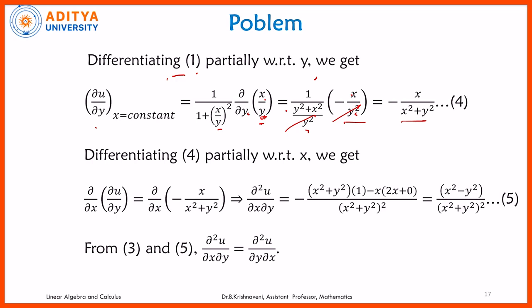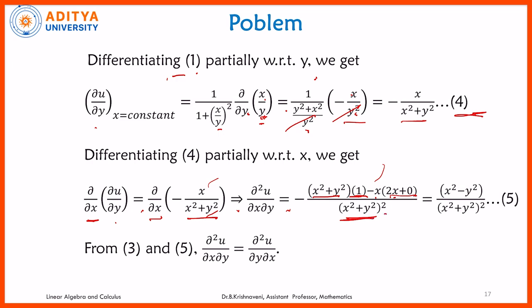Now, again differentiating this fourth equation with respect to x, we get dou by dou x of dou u by dou y, which is dou by dou x of minus x by x square plus y square. That implies dou square u by dou x dou y is equal to, again the numerator and denominator contain x, so apply the u by v rule for derivatives: u dash, 1, into v, x square plus y square, minus u, which is x, into v dash, the derivative of x square plus y square with respect to x, which is 2x, divided by v square, which is x square plus y square whole square.